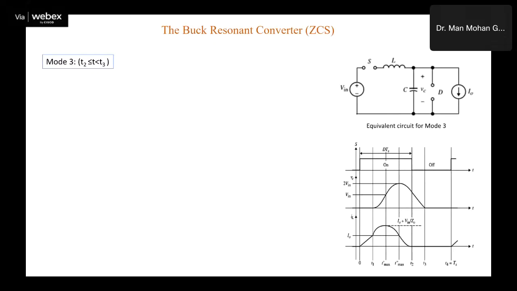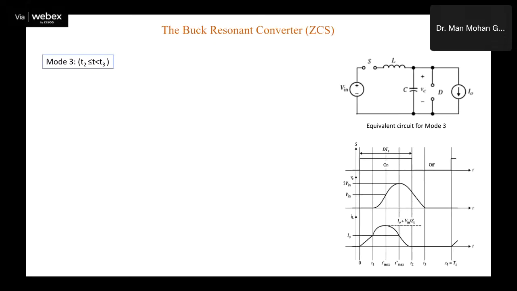If you are writing KCL at this point, this is IC and this is I naught and this is IL, which is 0. So the only thing is that IC will be equal to minus I naught, which is C dVc by dt equal to minus I naught, which is dVc by dt equal to minus I naught upon C. Vc equals minus I naught upon C into t, plus the initial condition, which is VC at t2.